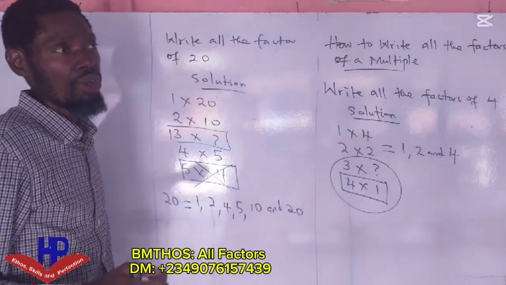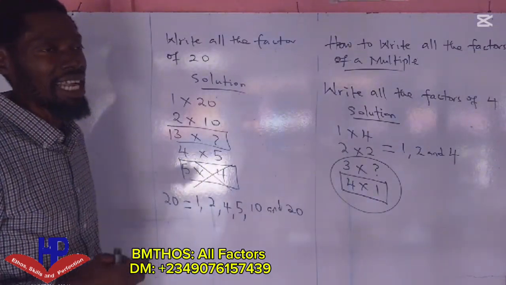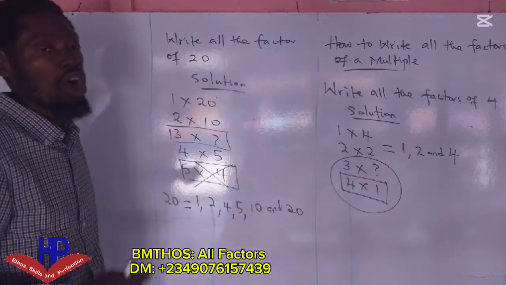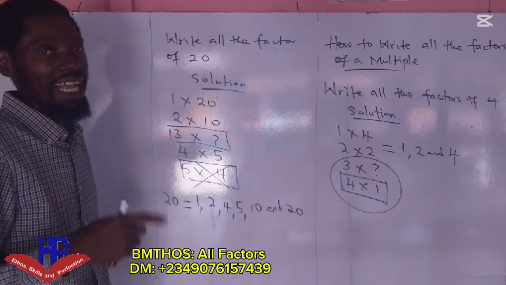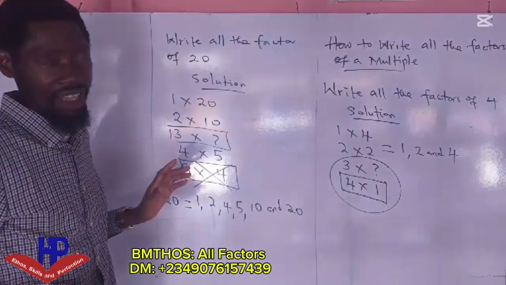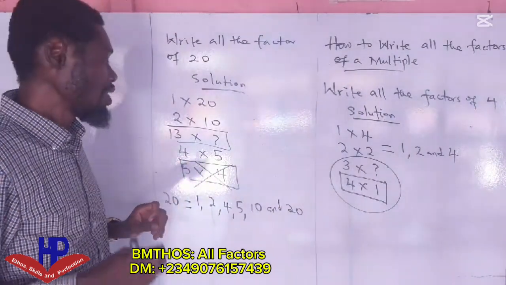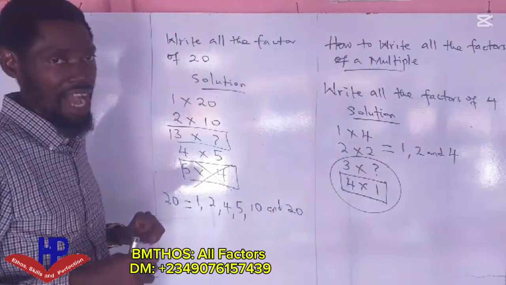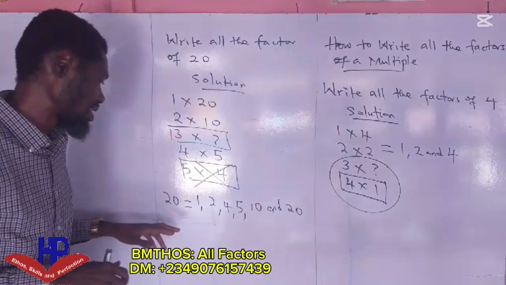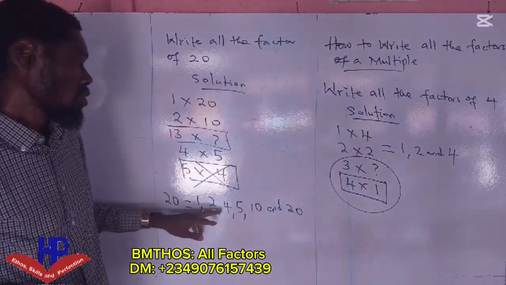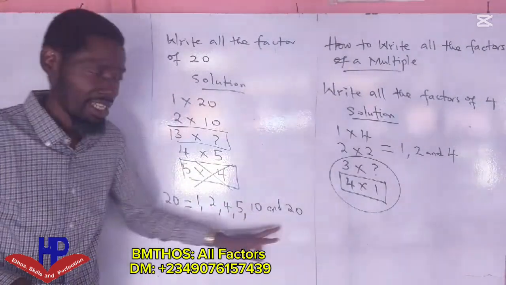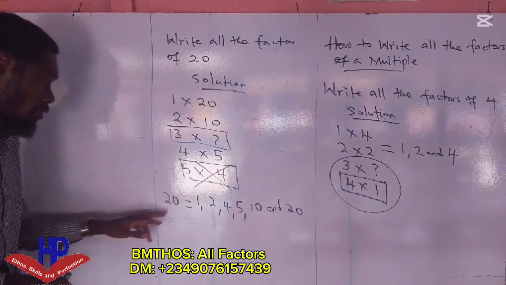So if I ask you what are the 2 numbers that can divide 10, you can just tell me 1 and 10. Why? Because 1 can divide 10 and 10 can divide 10. That is why we have 20 dividing 20 as a factor. So every number must be a factor of itself. They are called the factors of 20.